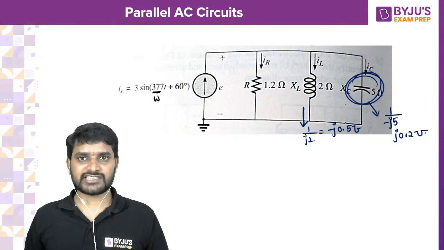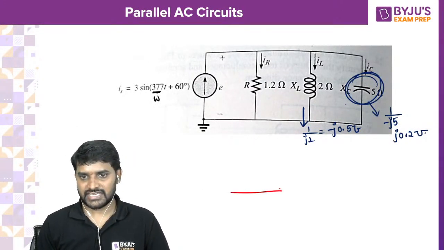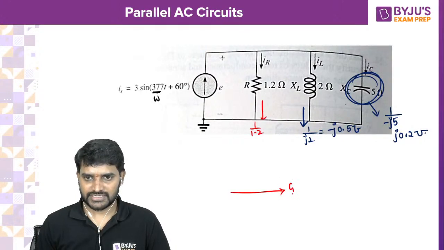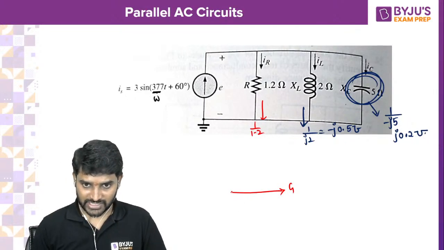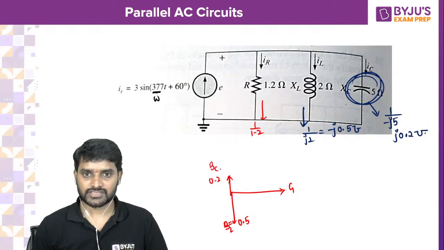If you take the admittance phasor, G is 1 by 1.2. So this is G. Where will the inductive susceptance be? Minus j0.5. Capacitive susceptance is 0.2.